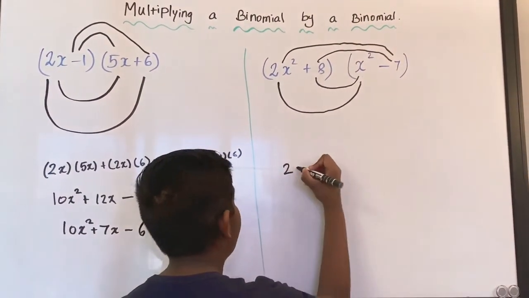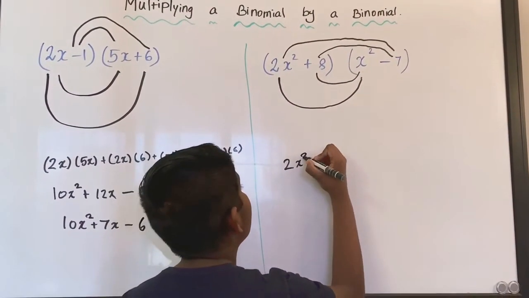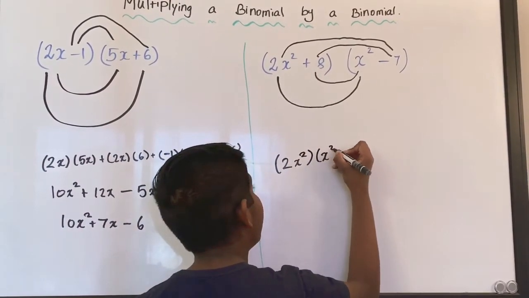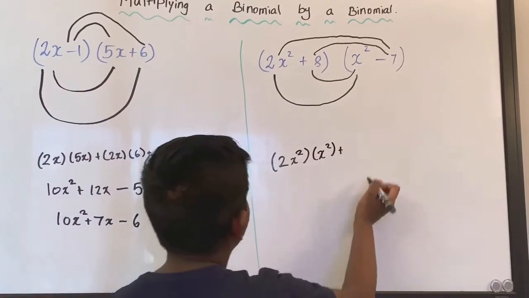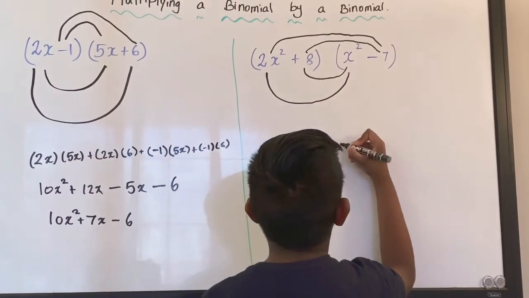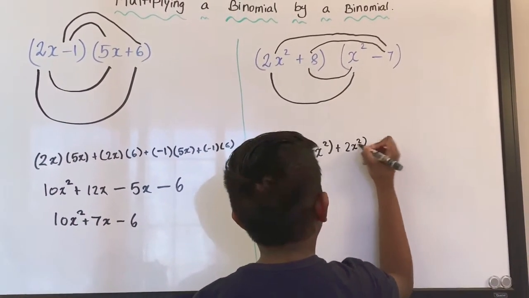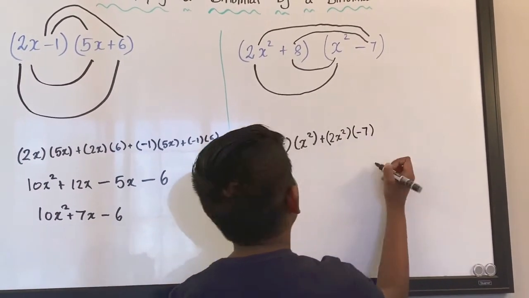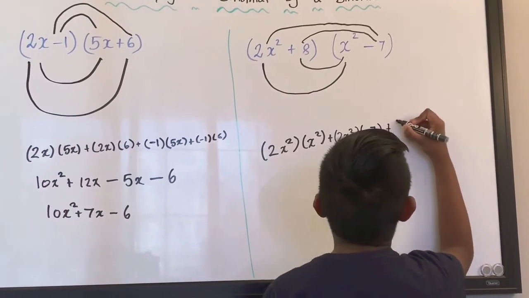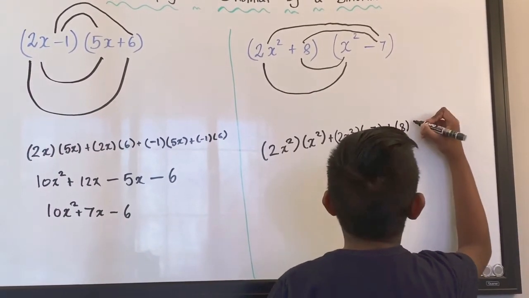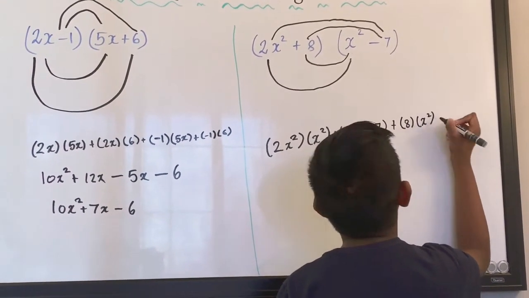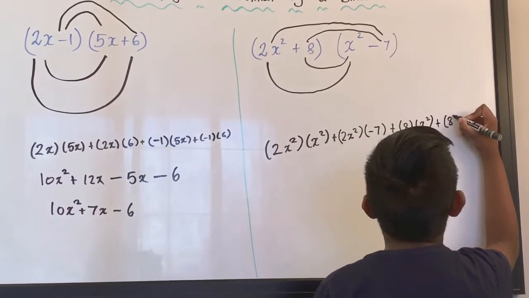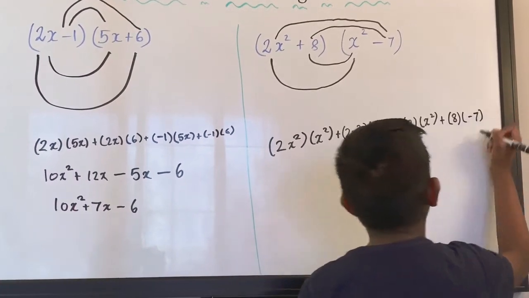So 2x squared times x squared, plus 2x squared times negative 7, and then 8 times x squared, and then 8 times negative 7.